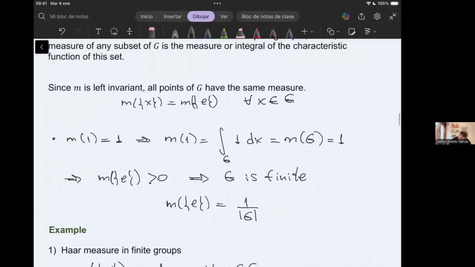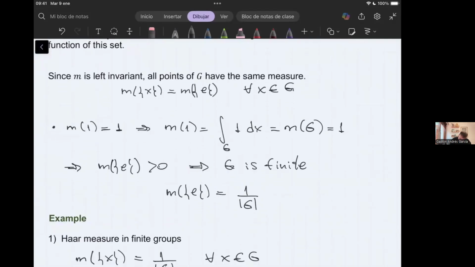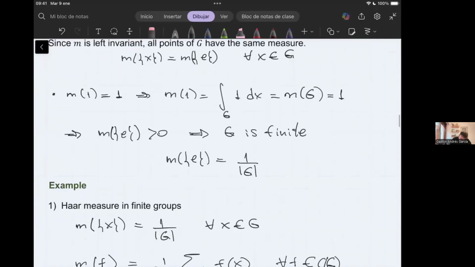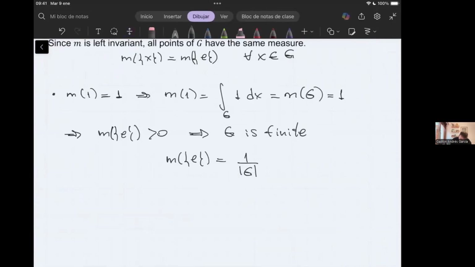Because it is a measure, okay? So you see that G is the union of the points, and you know that the measure has to be 1.